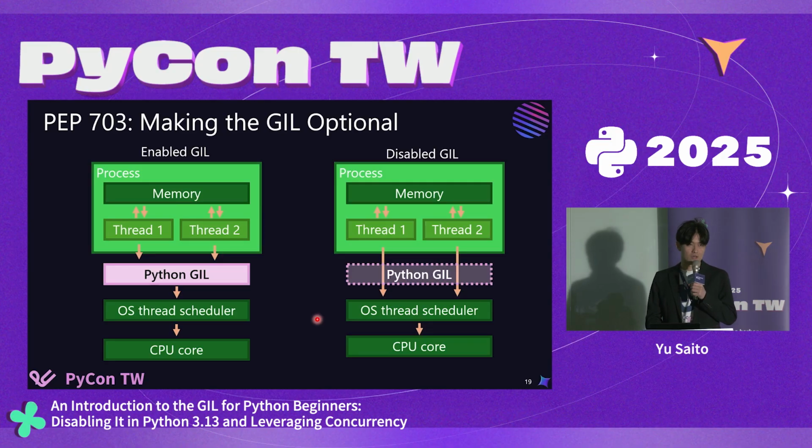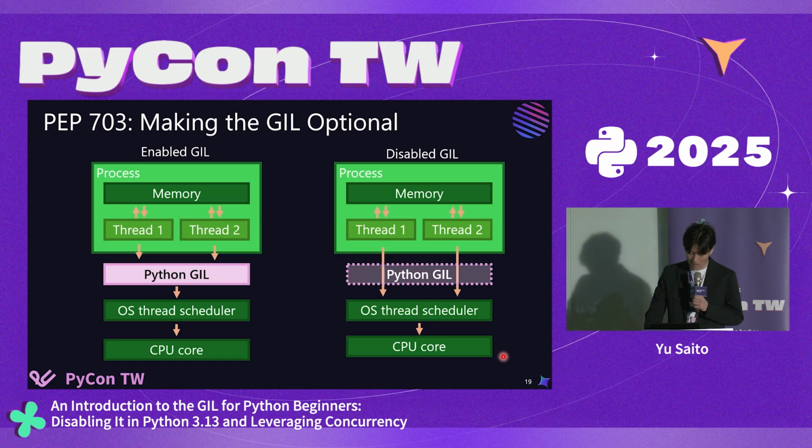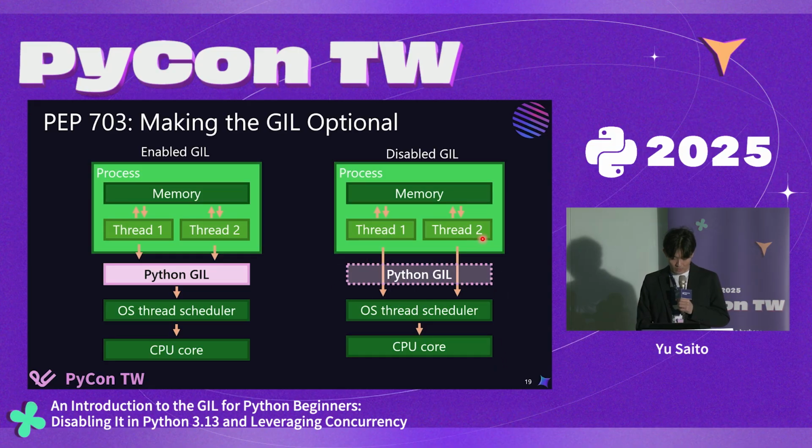The figure shows the enabled GIL on the left side, and the right side shows the disabled GIL. As you can see in the graph, without the GIL, each thread has direct access to the OS thread scheduler. This makes CPU core allocation for each thread and realizes true parallelism.